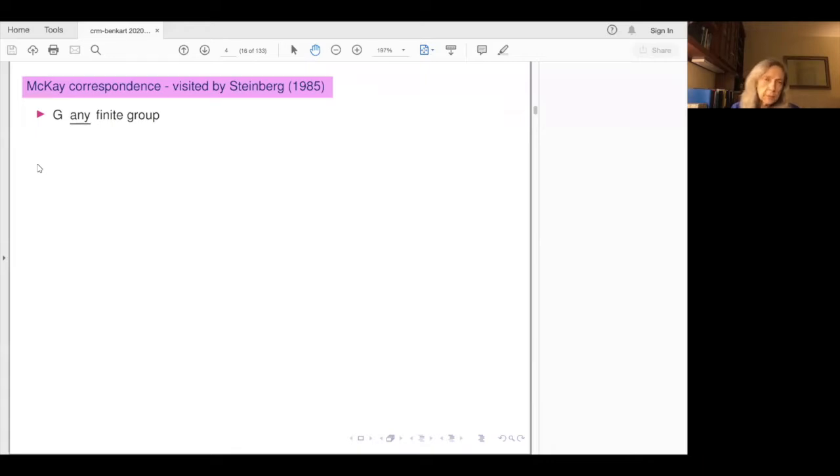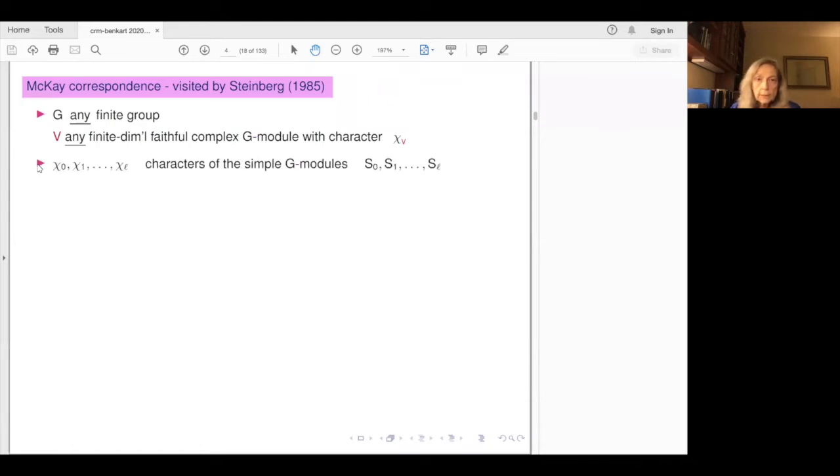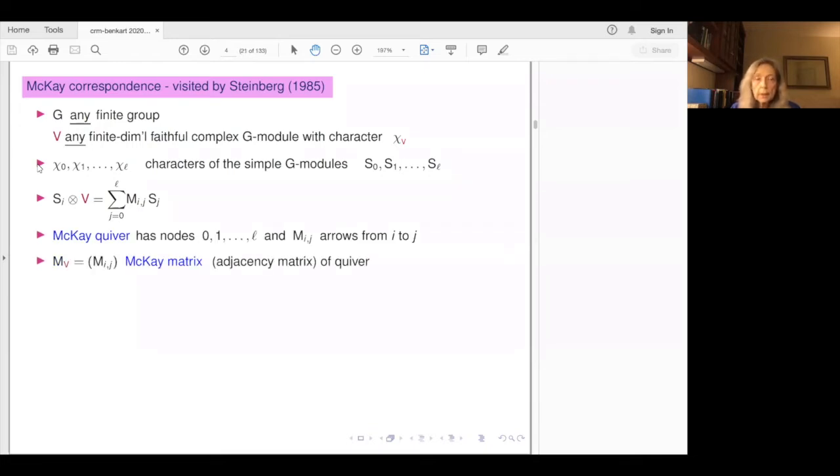So what Steinberg said was, why don't you take just any finite group and any finite dimensional faithful complex G-module with character chi_V, and take the characters of the simple G-modules, tensor S_i with V, just like McKay did, form the McKay quiver, just the same way, and the McKay matrix, which is the adjacency matrix of the quiver.